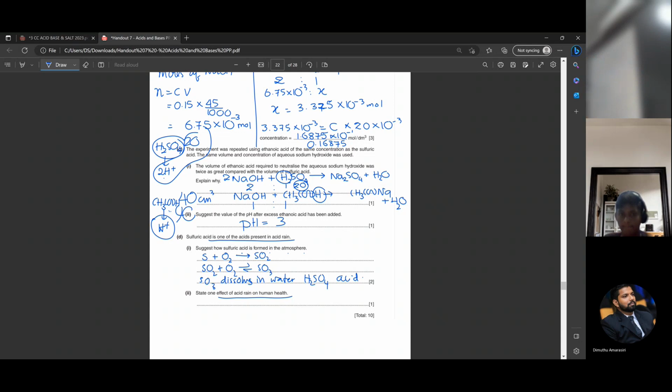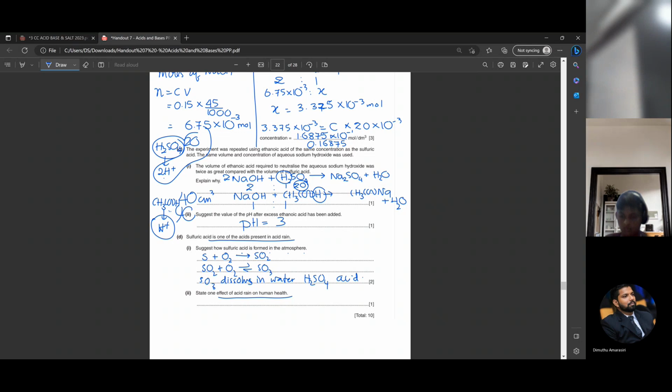That comes from increased iron concentration in the solution. If you drink that water, only then we get that impact. So they are asking the direct impact. Skin damage, eye irritation, right? Since sulfuric acid is corrosive.